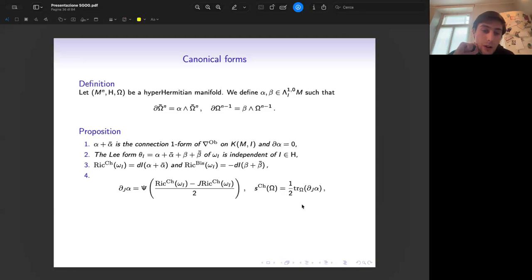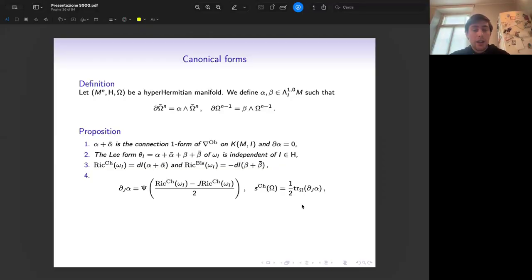Another feature we can deduce from the first expression in 4 is that now we have del J alpha is del J exact and del closed.